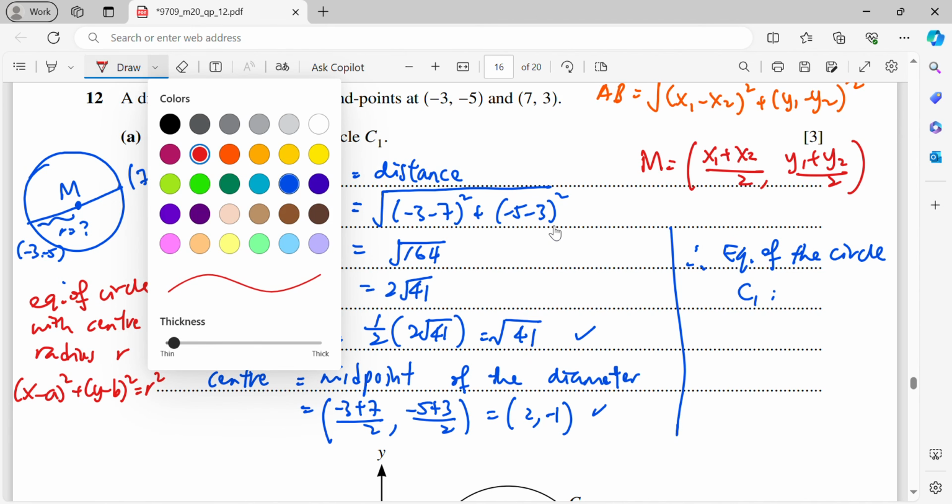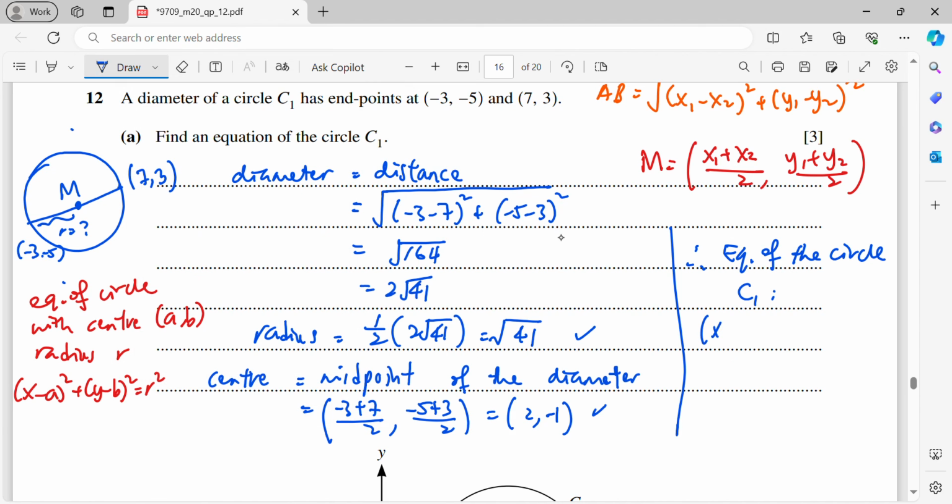Okay, so here I will be getting x minus my first point 2, my x coordinate, then y minus minus 1 squared equals to square root of 41 squared. That is my r squared. So here I will simplify into x minus 2 squared plus y plus 1 squared equals to 41. So that is the equation of the circle.